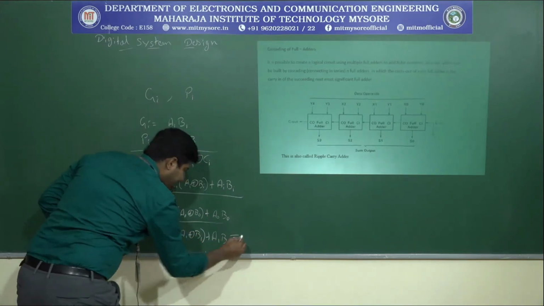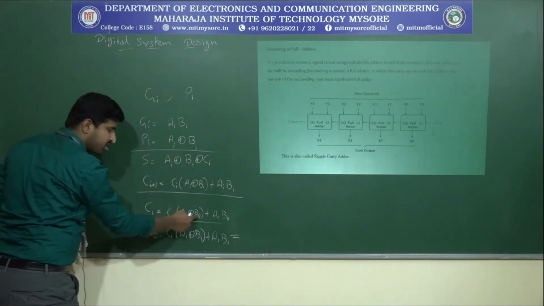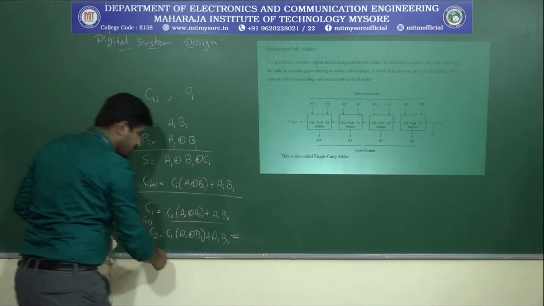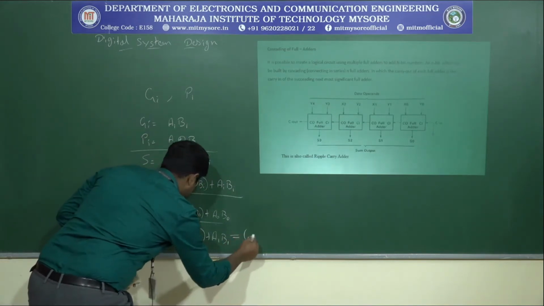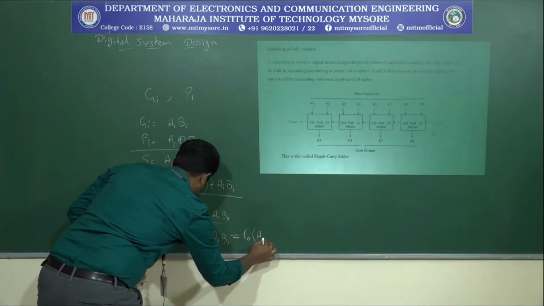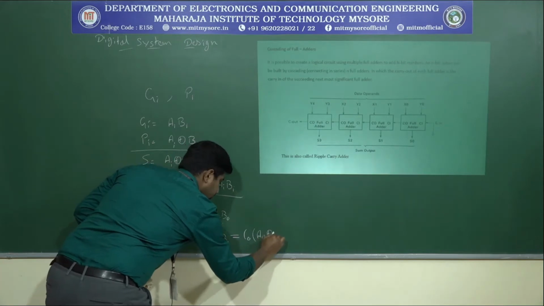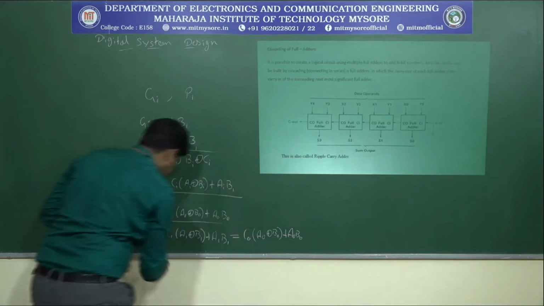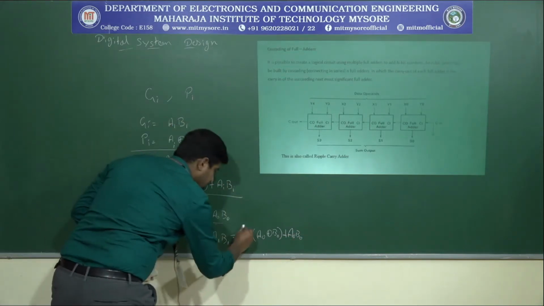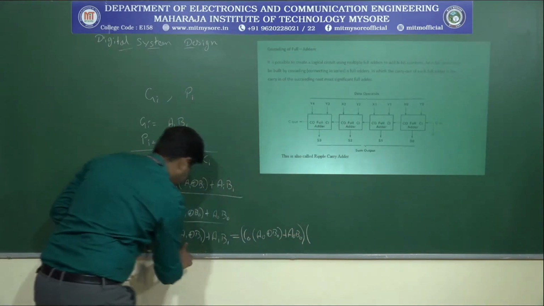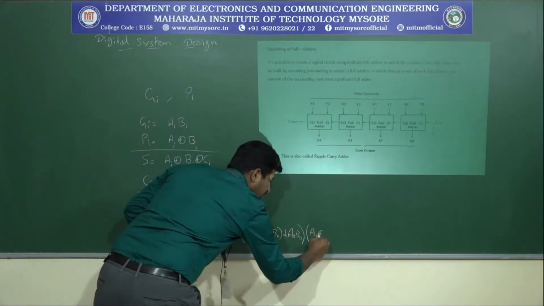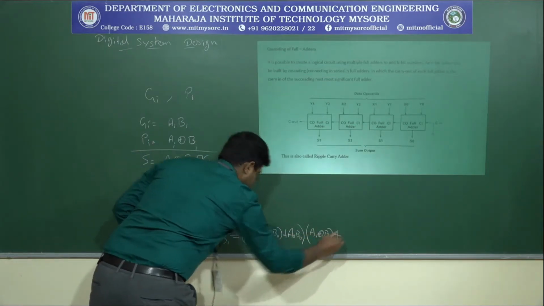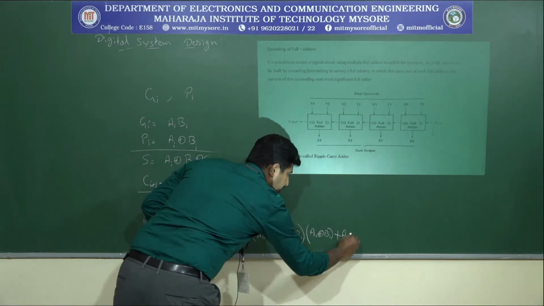Now can we replace C1 by its equation? Yes, we can. So C0 into (A0 XOR B0) plus A0 B0 corresponds to C1, and this is multiplied into (A1 XOR B1) plus A1 B1.